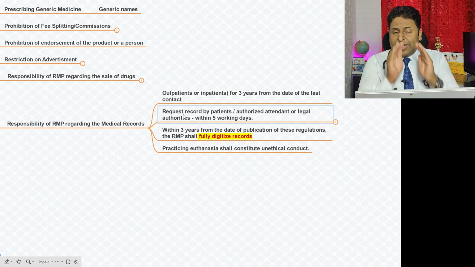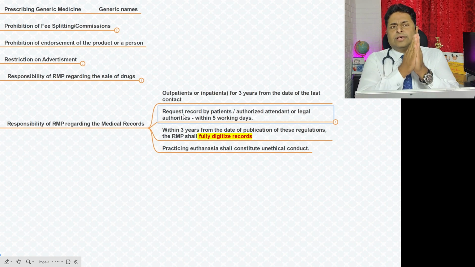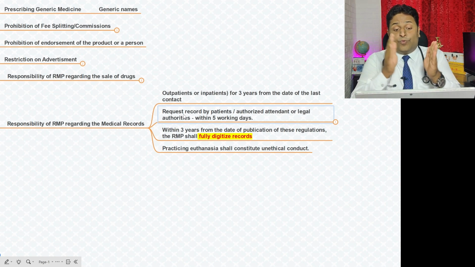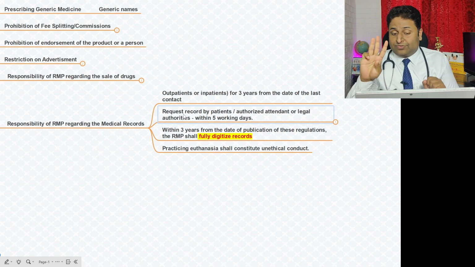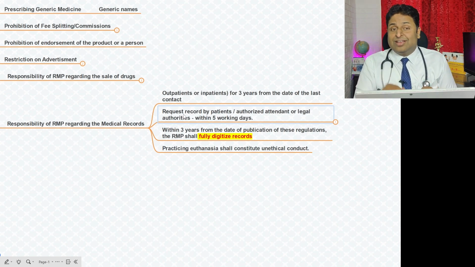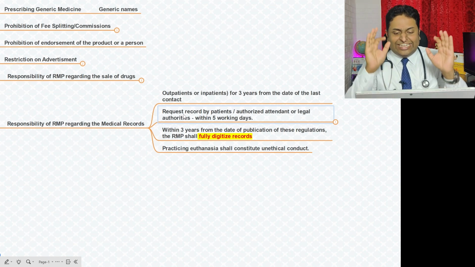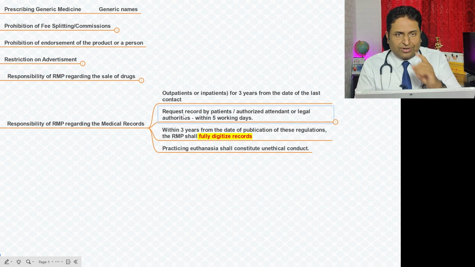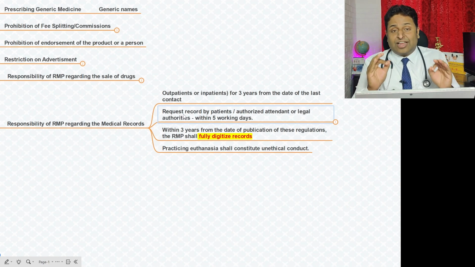And a very important and new thing which has come up in this regulation is that within the next 3 years, from the date of the publication of this regulation, all registered medical practitioners shall fully digitalize records. So you need to fully digitalize your records.